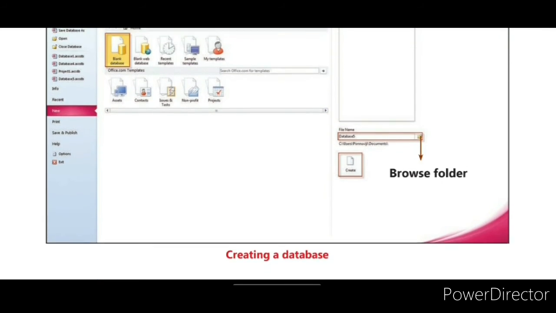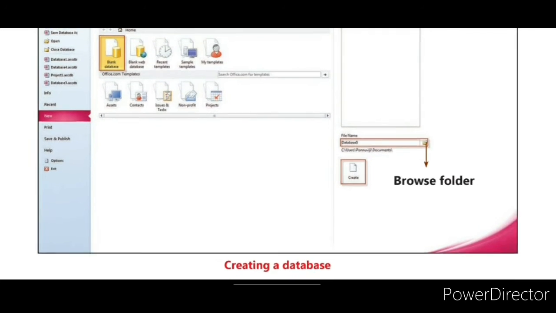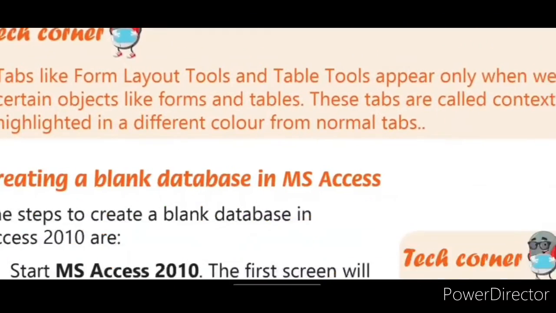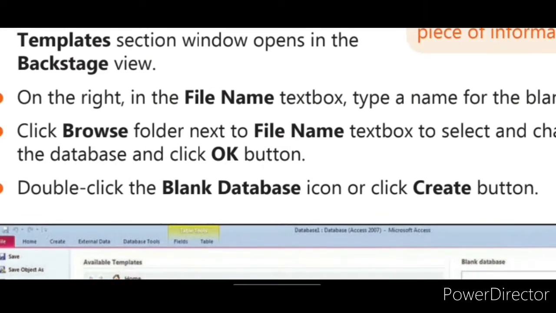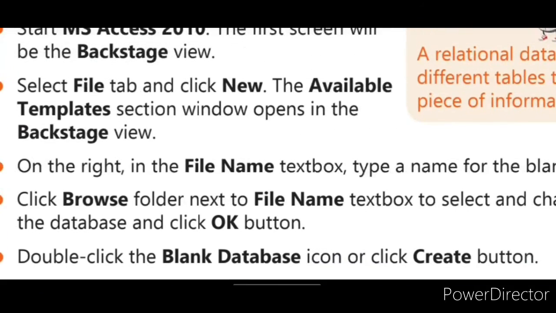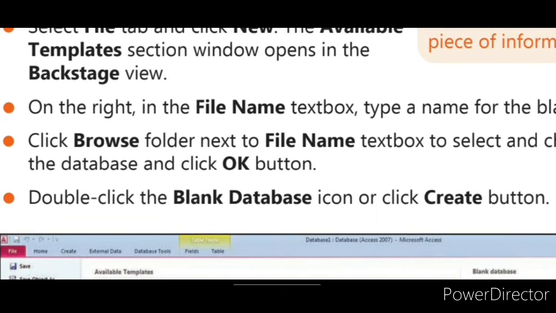See this window, it shows how to create a database. What I told you: first click on start, then Access 2010. After starting MS Access, your screen will look like this. Here you click new under the file tab.